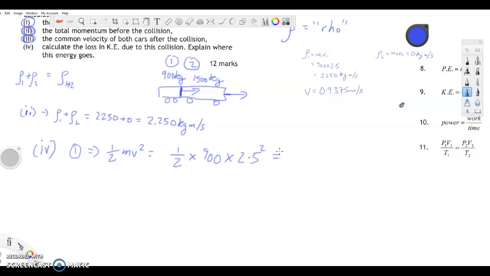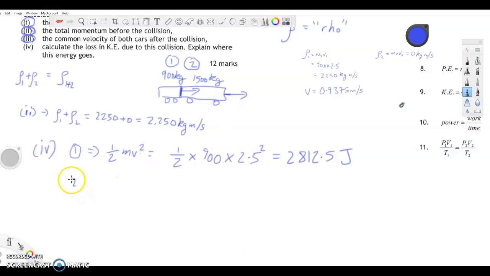I get 0.5 multiplied by 900 multiplied by 2.5 squared, and I get 2812.5 joules. That's the kinetic energy before the collision. The big vehicle had no movement, so no kinetic energy before the collision.